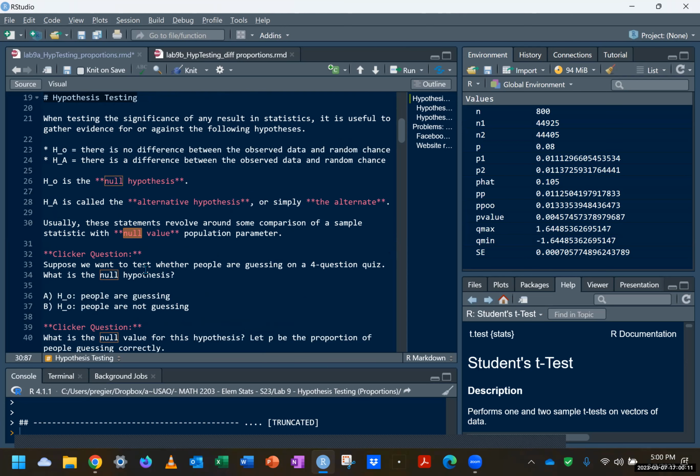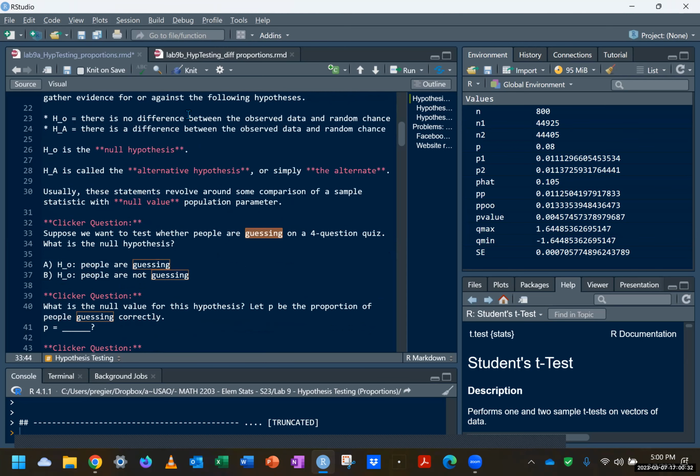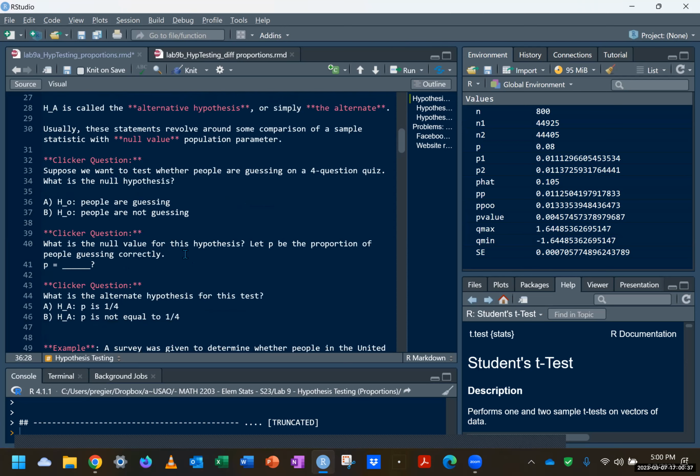So if we wanted to guess whether people are guessing at a 4-point quiz, the null hypothesis would be what? If they are guessing, this would be randomly answering the question. And so the null would say there's no difference between what you see in this test and what would happen if people were randomly guessing. So the null value would be, well, what percentage of people would get the answer correct if they were guessing?